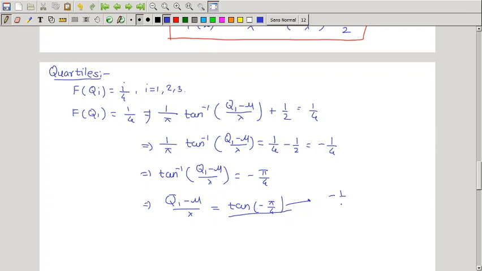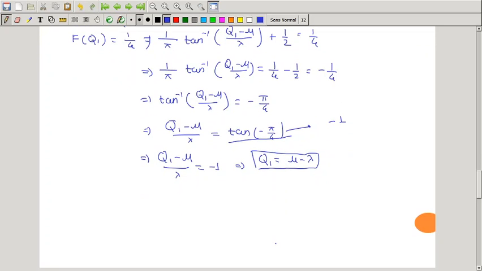So q1 minus mu upon lambda is equal to minus 1, or we can write it as q1 is equal to mu minus lambda. This is your first quartile.